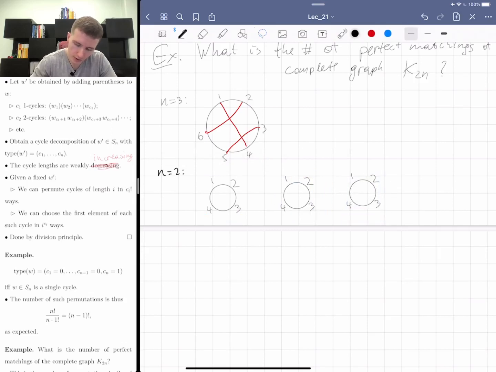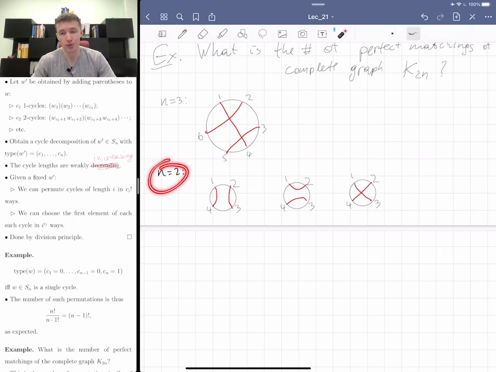Well, the answer is 3 ways. You can either do 1, 4 and 2, 3, or 1, 2 and 3, 4, or 1, 3 and 2, 4. So for n equals 2, the answer is 3 perfect matchings.